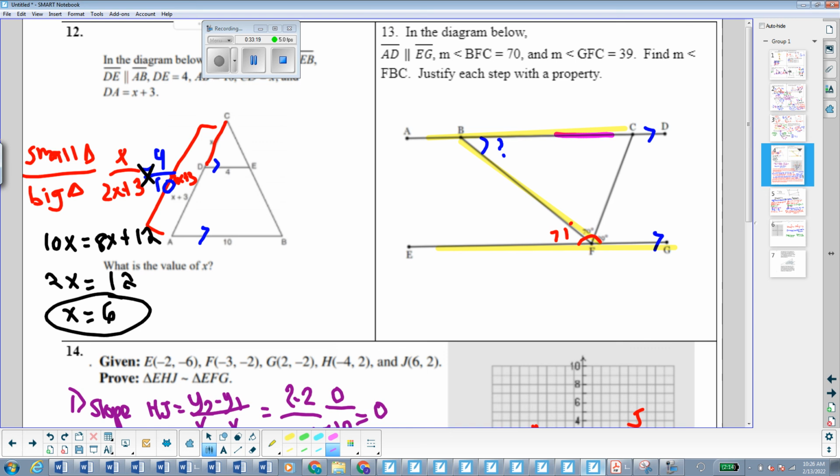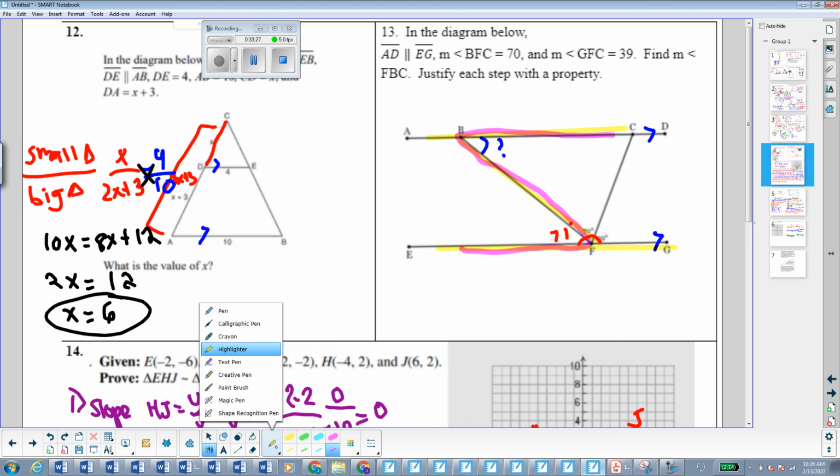Just to make it a little bit easier to see, I'm going to also outline in pink so you guys can see that backwards letter Z. Remember, anytime we see that letter Z, we're going to think alternate interior angles. The corners of the letter Z are those alternate interior angles, and they are congruent when we have parallel lines cut by a transversal.